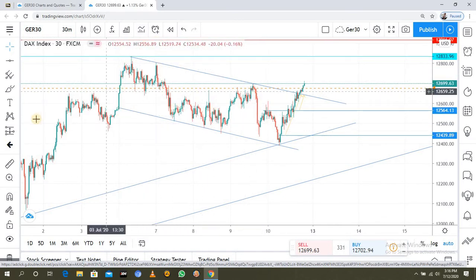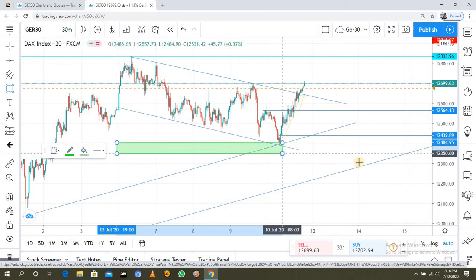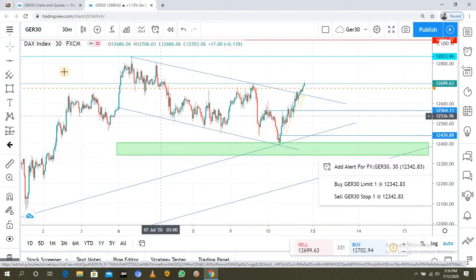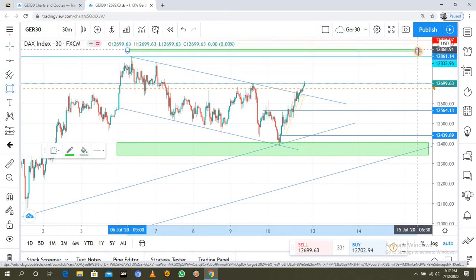pattern, you can see. So for me, I would love to mark up this. I can mark this as my support. This is my support, and mark this as my resistance. Mark that one as our resistance.